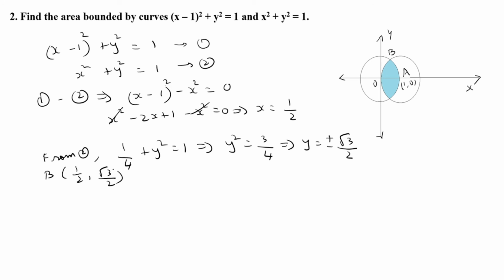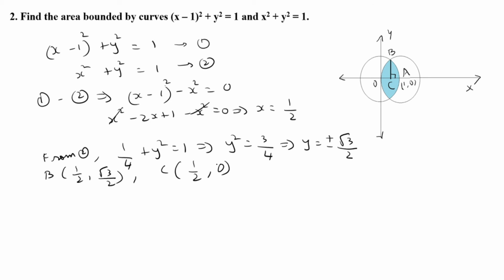Now let us draw a straight line from the point B to the x-axis and let this point be C. So the coordinates for C will be half comma 0.